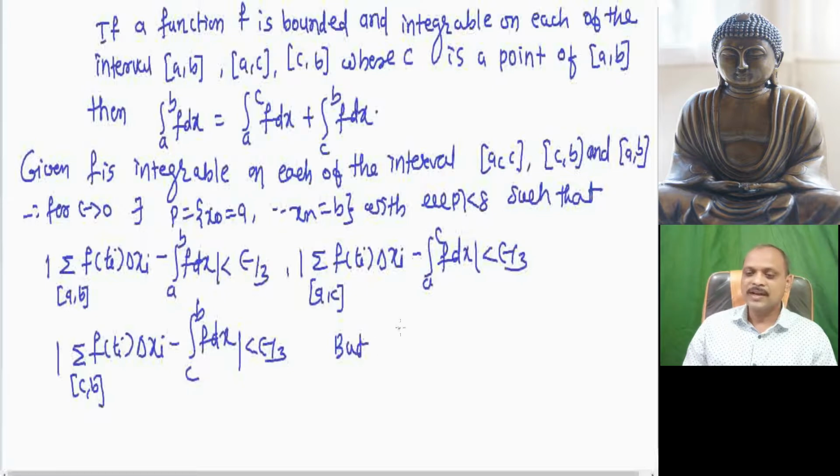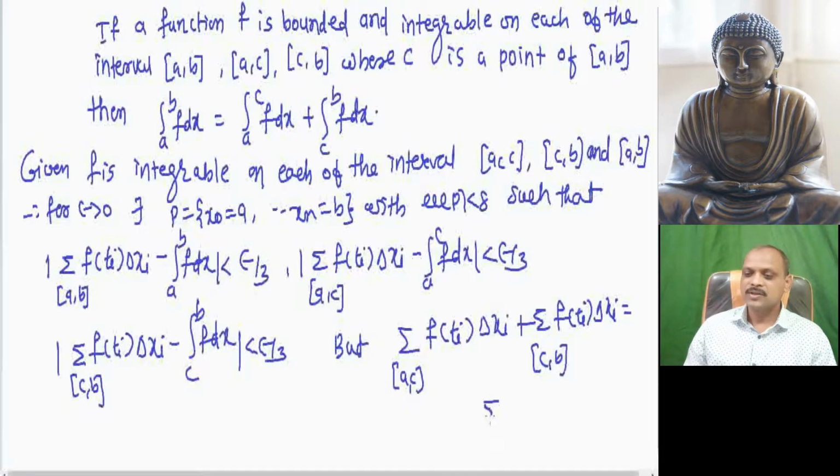But note that summation f of ti into delta xi over a to c plus summation f of ti into delta xi over c to b equals summation f of ti into delta xi. This is over a to b.